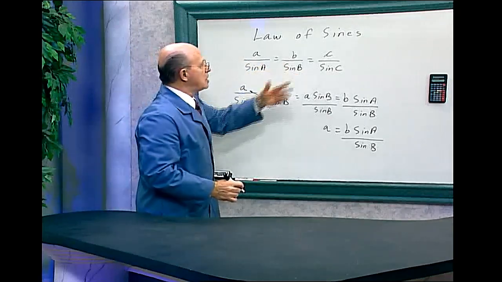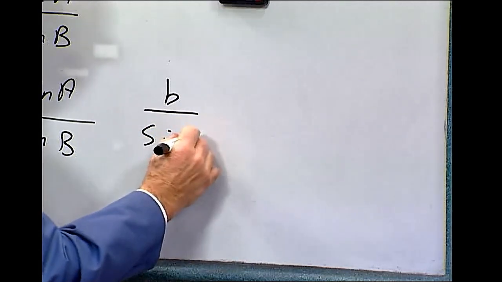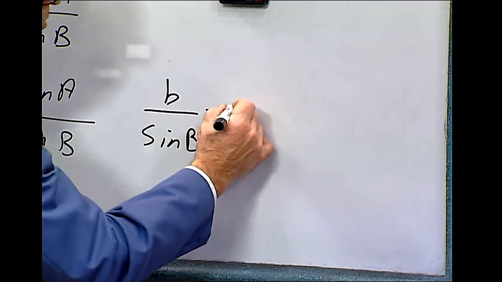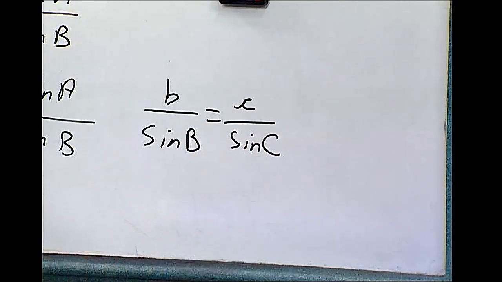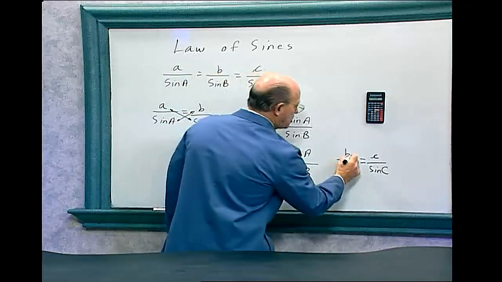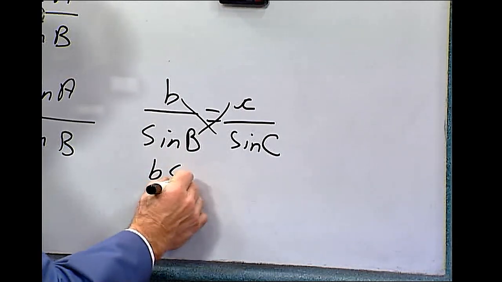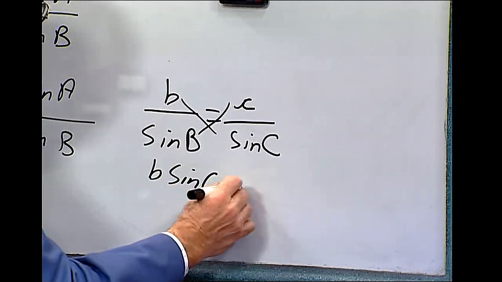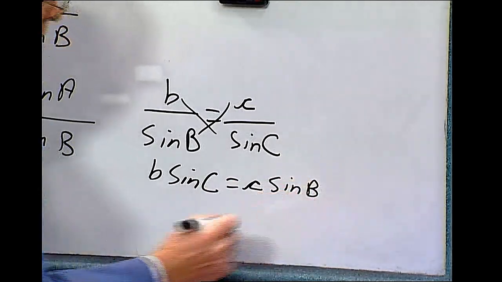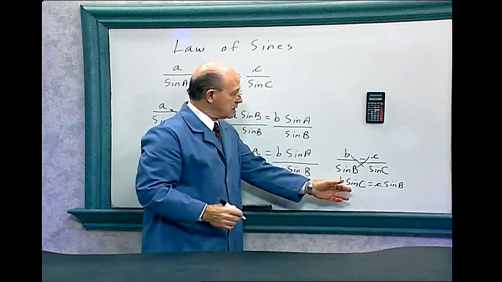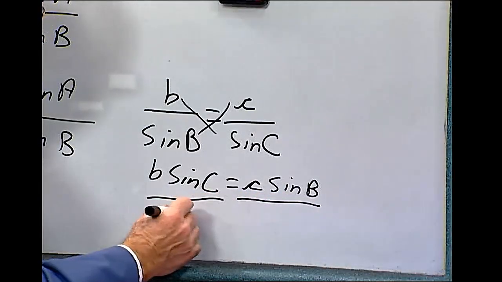We could do the b and the c together. So let's take b over sine B equals c over sine capital C. And let's just cross multiply. b sine C equals c times sine B. Now let's say we want to isolate the sine C. All we have to do then is divide each side by b.